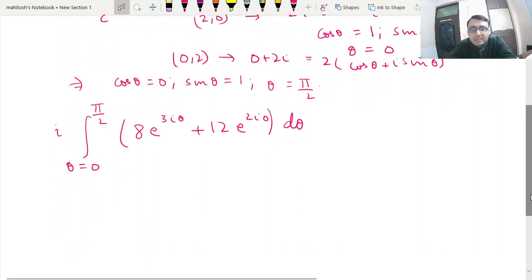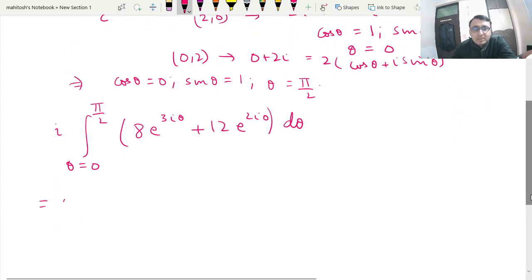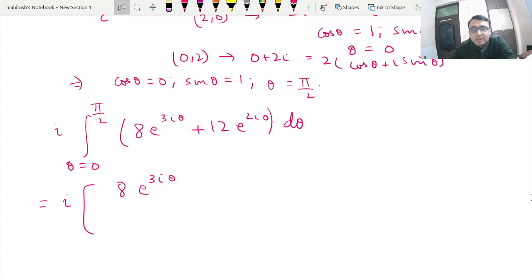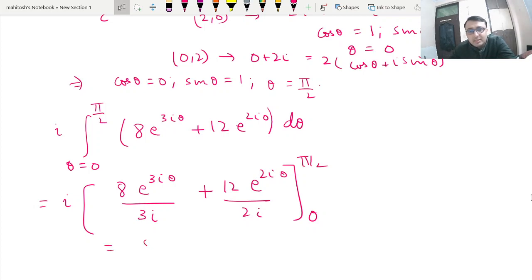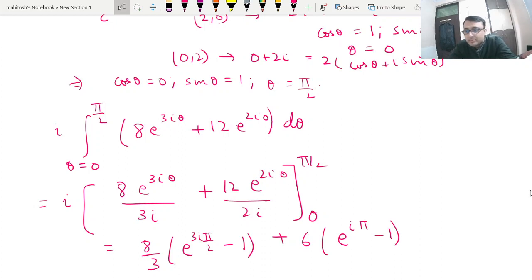Now we can integrate this. Once we integrate, this is i times 8 e to the power 3i theta by 3i plus 12 e to the power 2i theta by 2i, with theta running from 0 to pi by 2. We can write this as 8 by 3 times (e to the power 3i pi by 2 minus 1) plus 6 times (e to the power i pi minus 1).